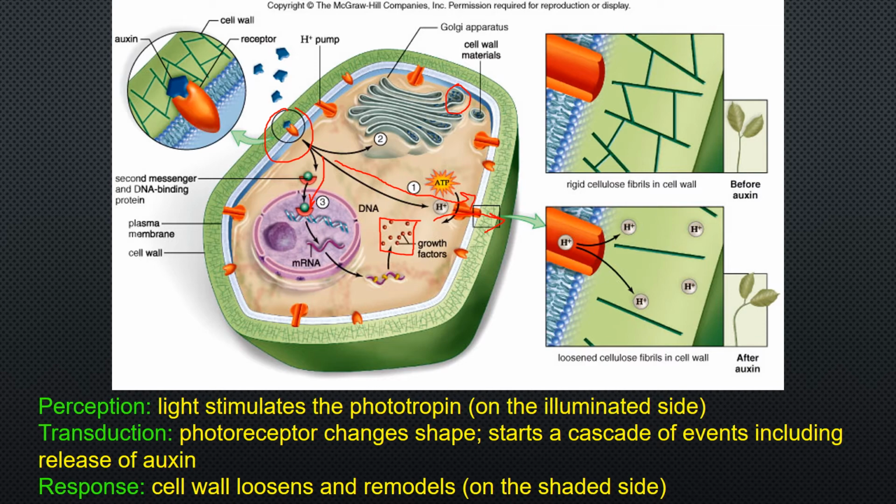The way that they do this is this release of protons causes these rigid cellulose fibers in the cell wall to break down. In addition, water then enters the cell and causes greater turgor pressure, which allows those fibers in the cell wall to stretch, and then it's going to be rebuilt, and that is going to cause an overall effect of an elongated portion of the shoot.